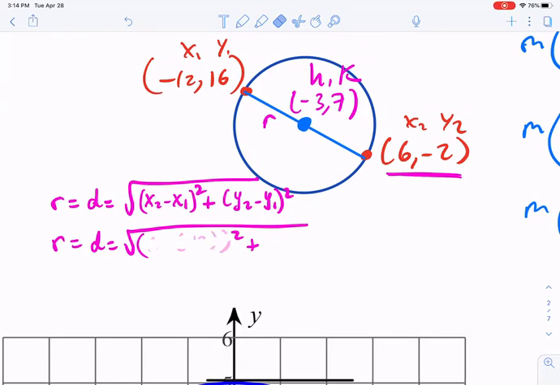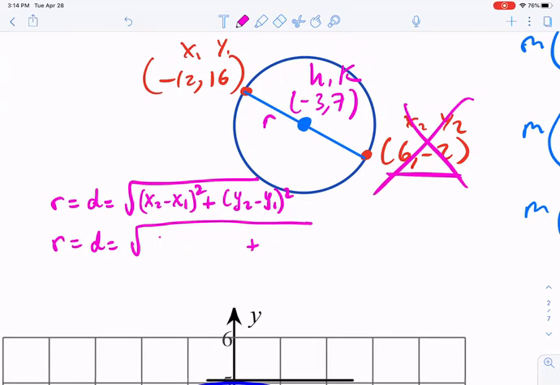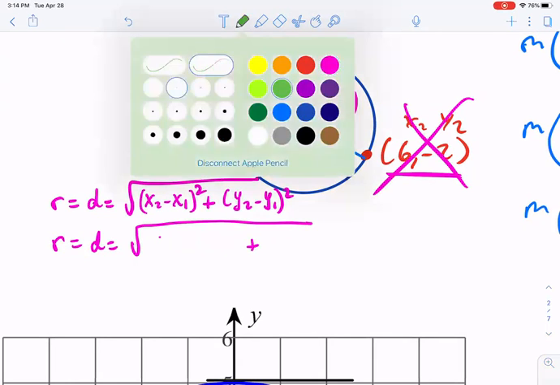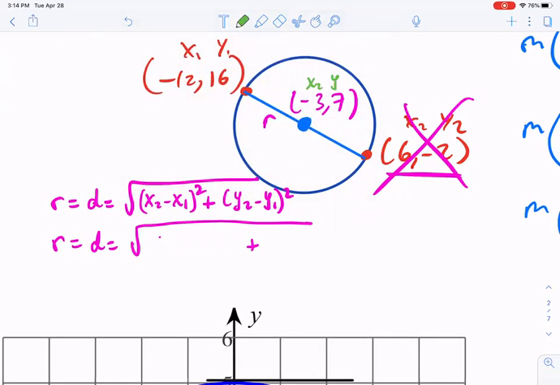So I have to erase this part. I'm sorry about that. Even though this is h, k, we can use it as x2, y2. So let's label this x2, y2.